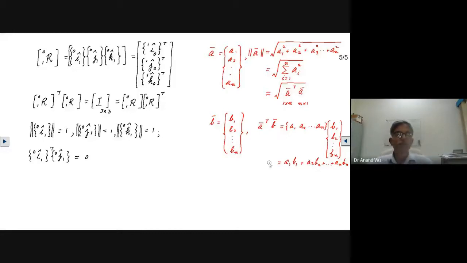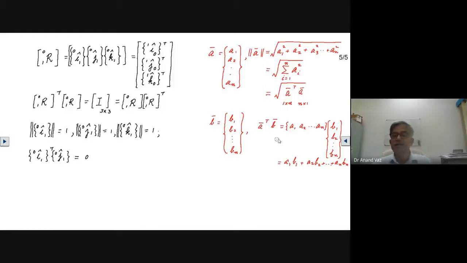So instead of writing it as a dot product as we do using vectors I, J, K, we'll write it as I transpose J. I hope the meaning of I transpose J is now clear to you. It's a dot product. You are taking the dot product of this vector with this vector. A transpose B, I transpose J, and it's a scalar.